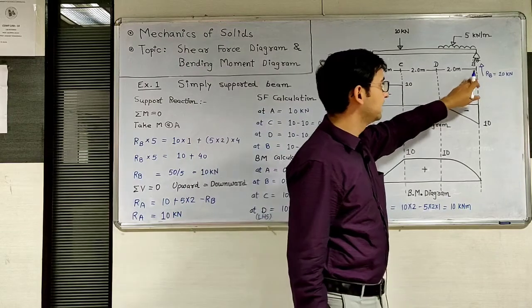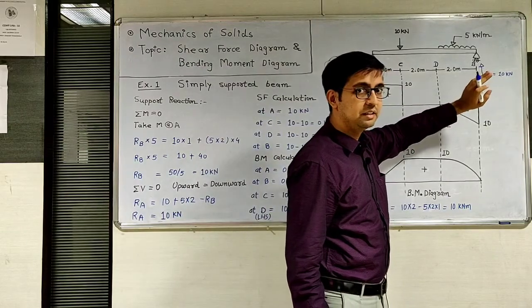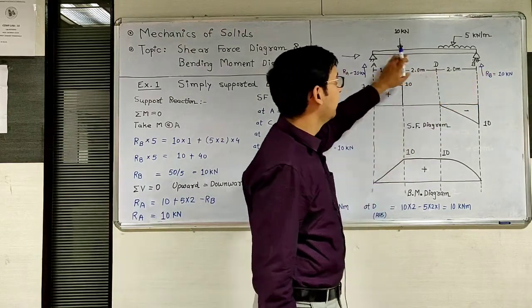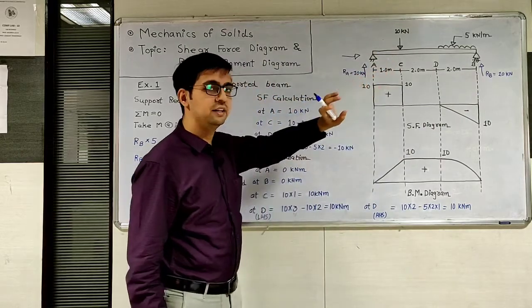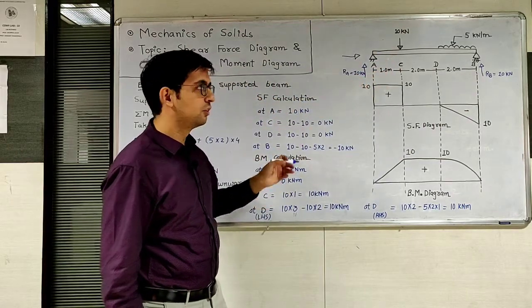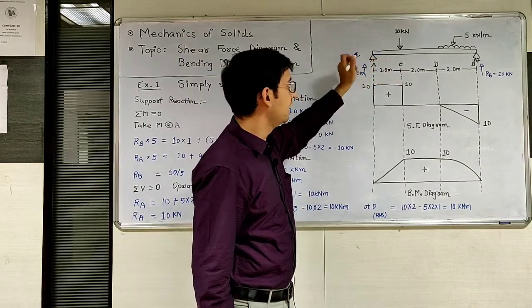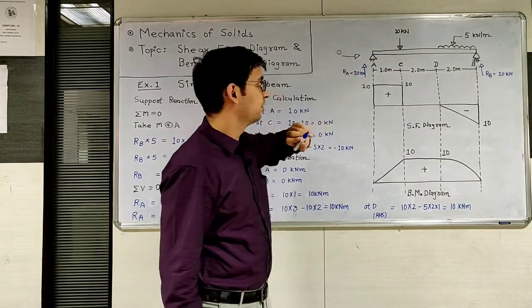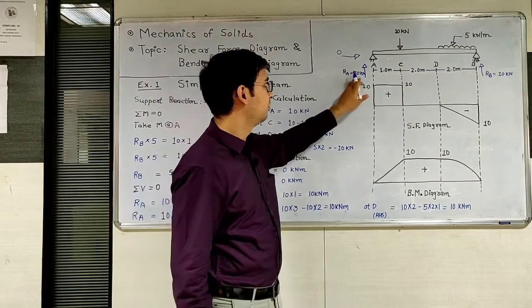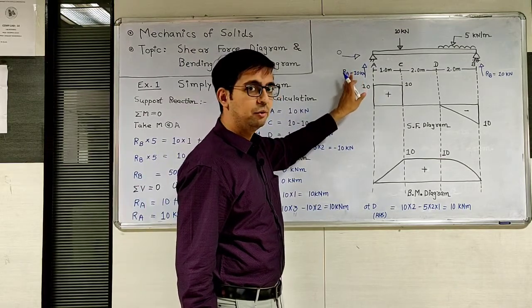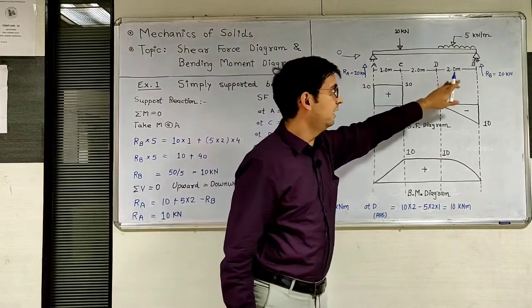A roller support will generate only one reaction, which is the vertical reaction. In this beam there is no horizontal load, so the horizontal reaction generated at point A is 0. So first of all you have to calculate the support reactions RA and RB.